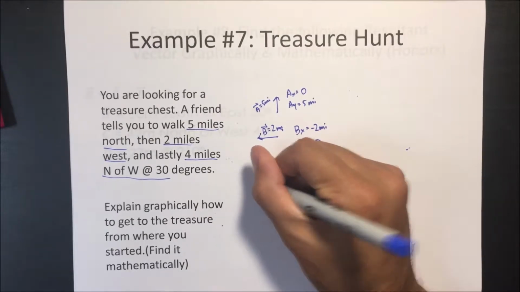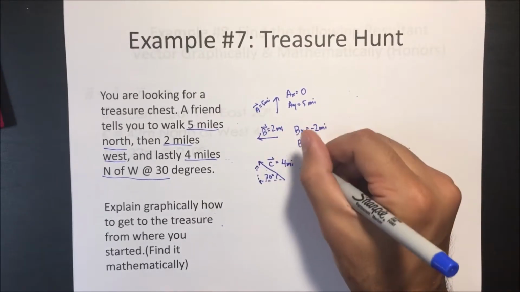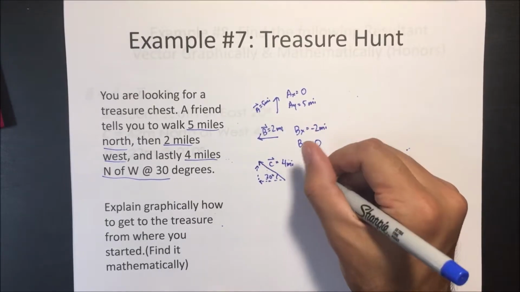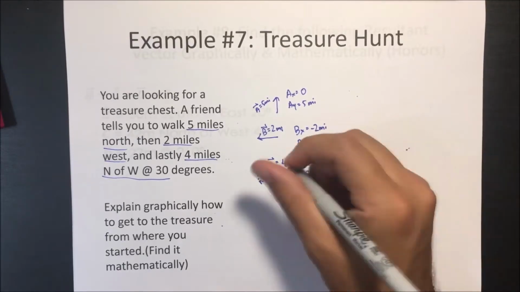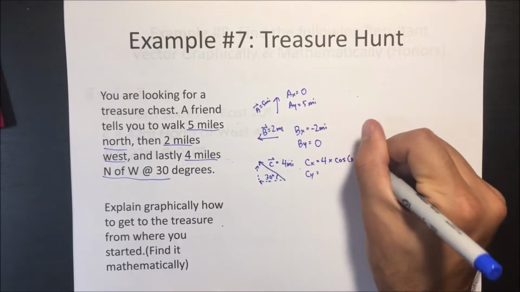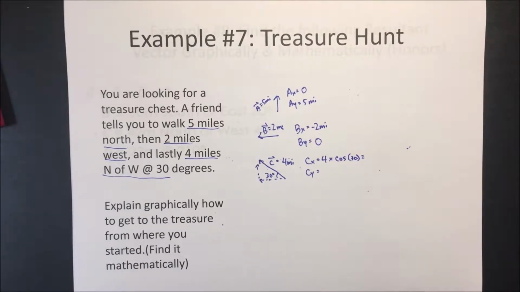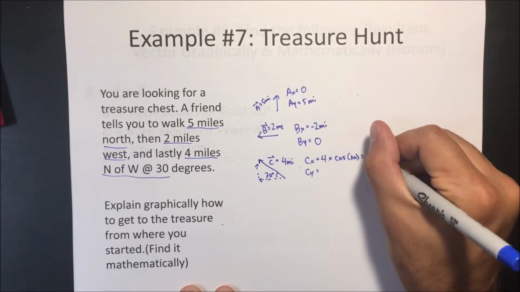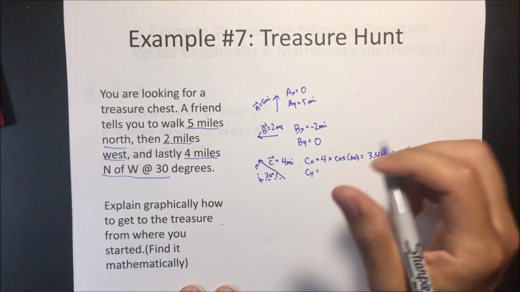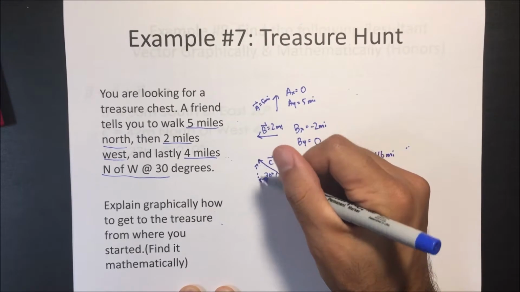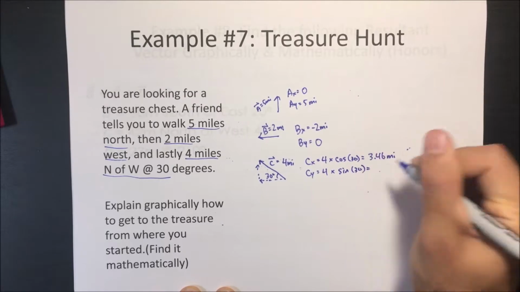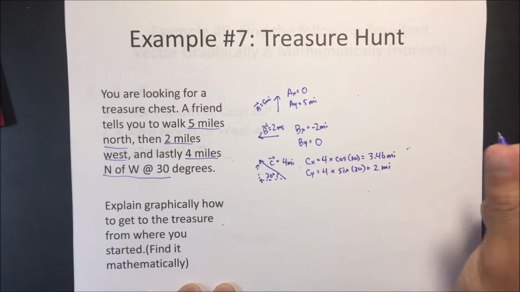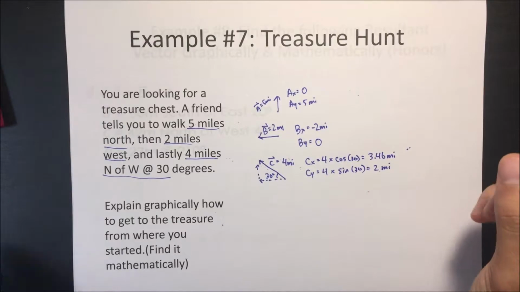Now we're going to find the x and y portions of C. The x portion is 4 times cosine of 30, and we get 3.46 miles. For y, we do 4 times sine of 30, and we get 2 miles. You guys need to know your SOHCAHTOA for this.